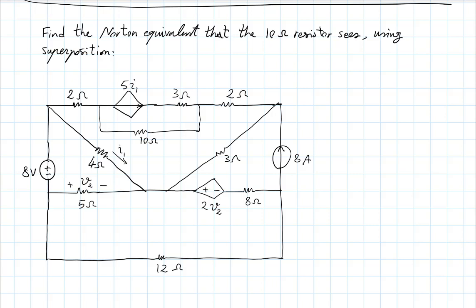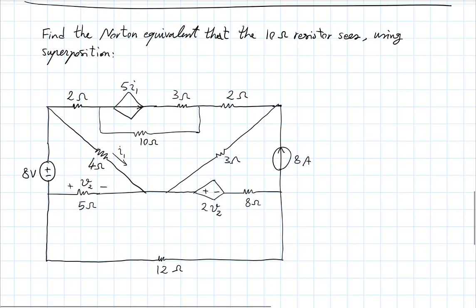All right, let's take a look together. So first of all, it's very important to look at exactly what I'm asking for here. The property of interest is the Norton equivalent that the 10 ohm resistor sees. So this 10 ohm resistor between its two ends is seeing the rest of the circuit. Okay, so itself is not part of the circuit, the Norton equivalent that I'm interested in. So to illustrate that better, what we're really looking for is what's going on between these 2 points, excluding the 10 ohm resistor itself.